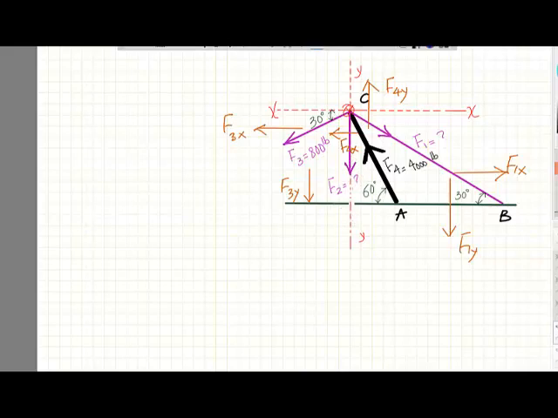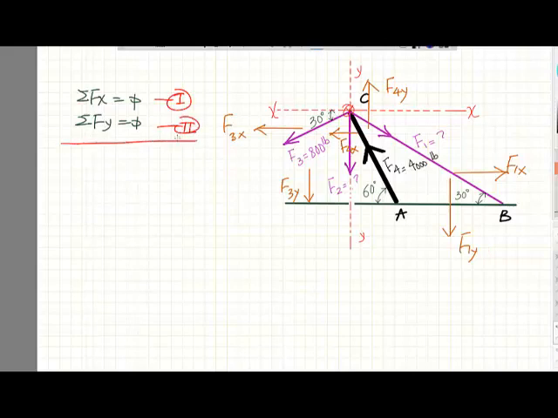So step number two is we need to apply the equilibrium equations, and these equilibrium equations, as we know, are the sum of all forces in the x direction equal to 0, and the sum of all forces in the y direction equal to 0. So this is equation 1, and this is equation number 2.